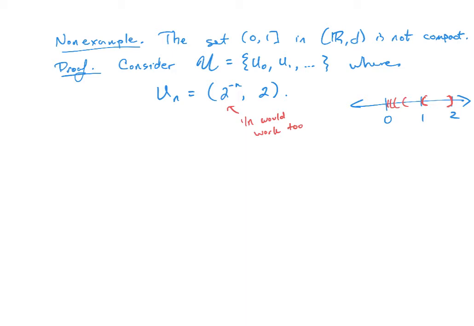I claim this is an open cover. So first we need to show it is an open cover. We have that (0, 1] is contained in the union of these. We agreed on that?